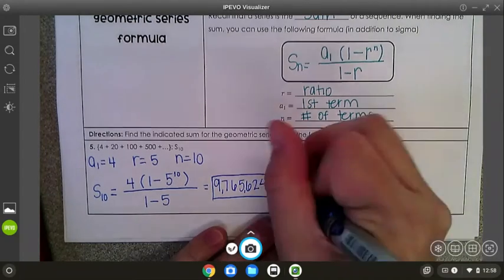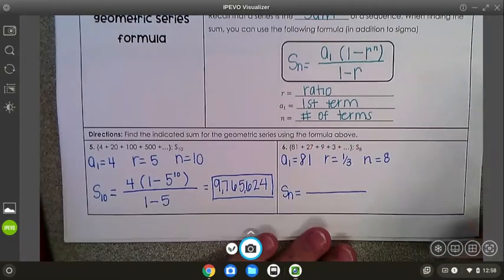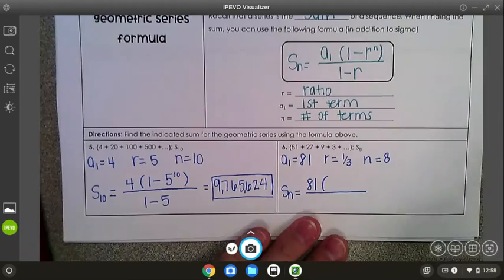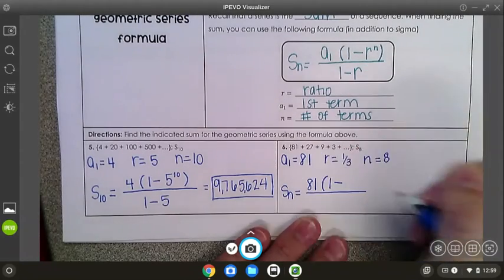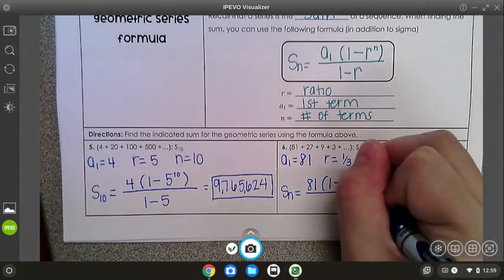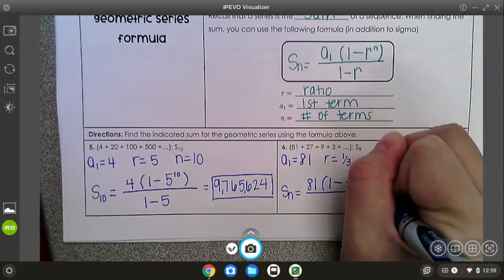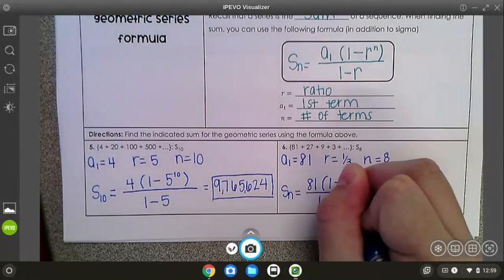Okay, so when we plug it in, we have 81 times 1 minus, my R is 1/3 to the 8th power, all over 1 minus 1/3.